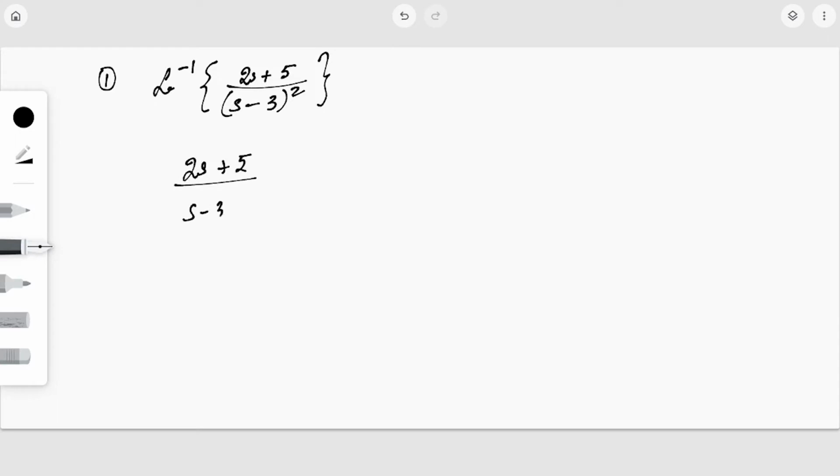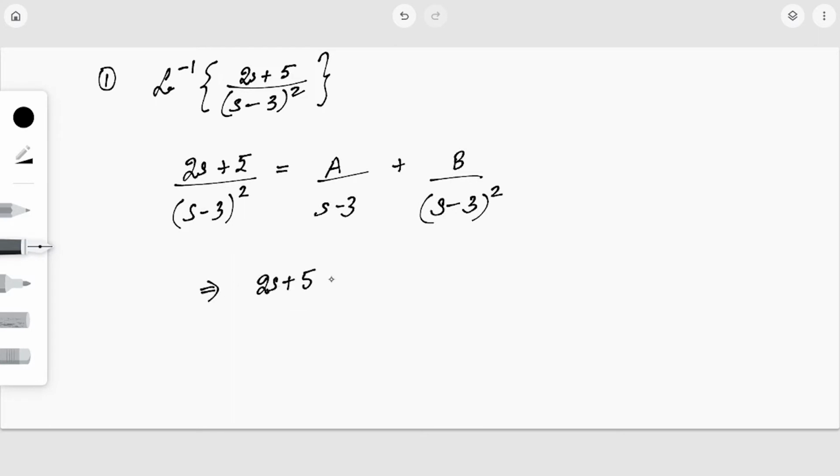It is a by s minus 3 plus b by s minus 3 whole square. So solving, we get 2s plus 5 is equal to a into s minus 3 plus b. Now you can just work it out.